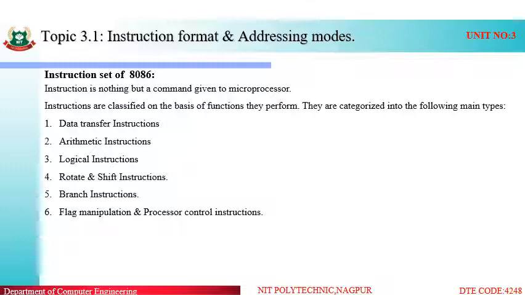So the total 256 instructions perform different functions, and depending upon their functionality they are grouped together. If the instructions perform only data transfer, they are grouped into the data transfer instruction set. If they perform only arithmetic calculation, they are grouped into the arithmetic instruction category. If they perform only logical operations, they are grouped into the logical instruction type. By this approach we have classified the instruction set into different types.